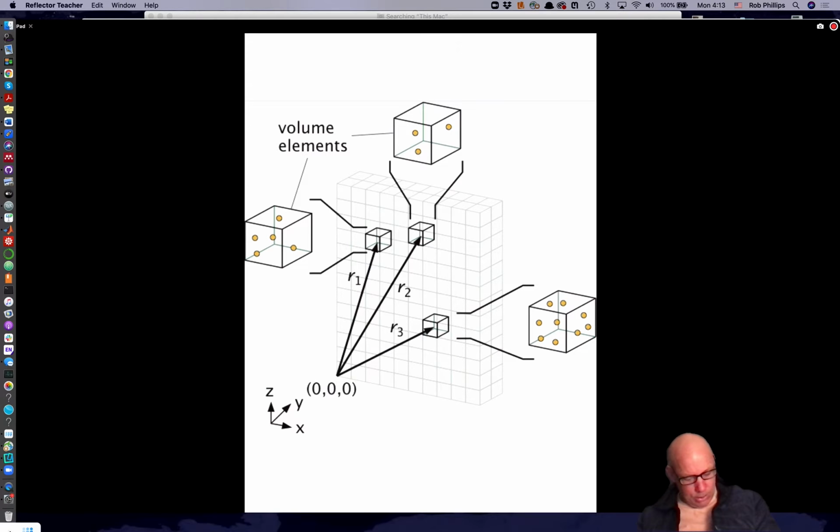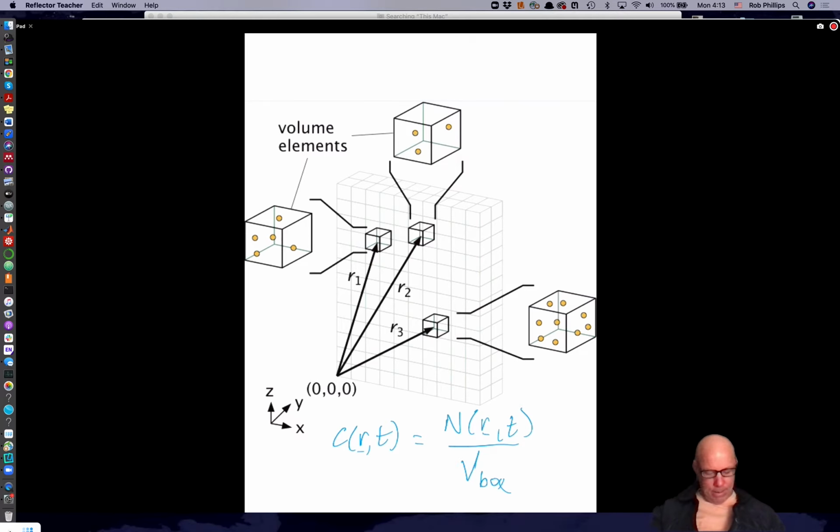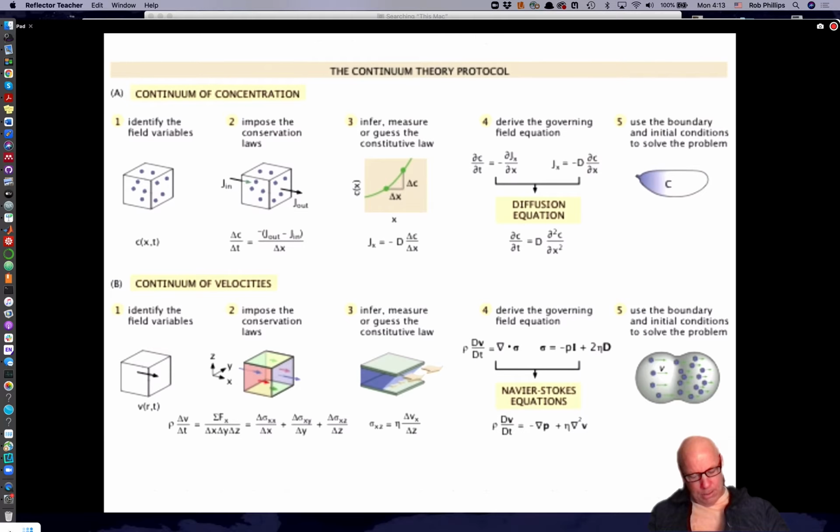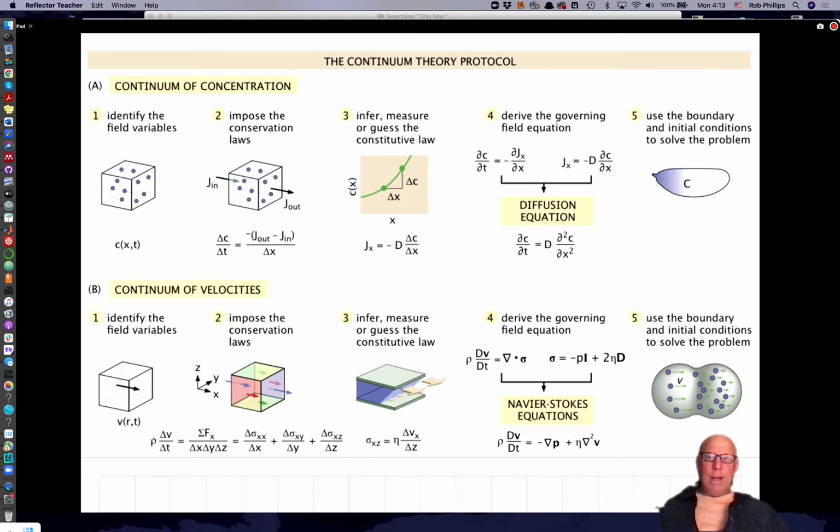So just to note, C of R and T, where R is a vector, is going to be given by the number in the little box at position R at time T, divided by the volume of that little box, which you can see is delta x, delta y, delta z. So that's the concept. So in this continuum theory protocol, we identify the field variables.